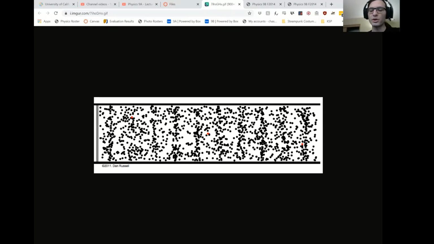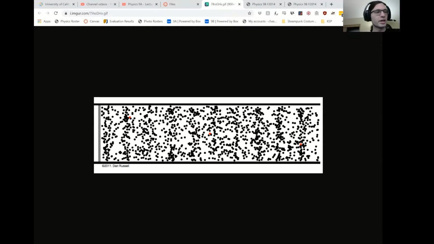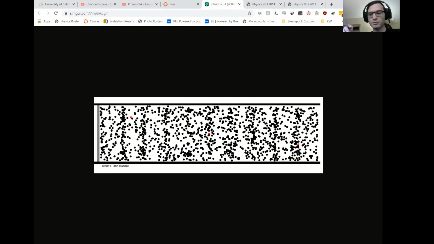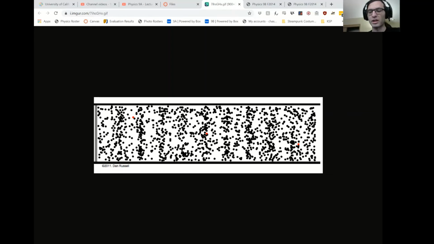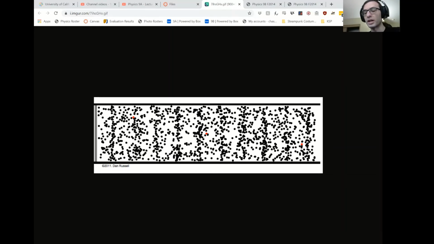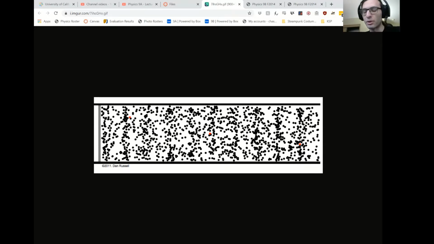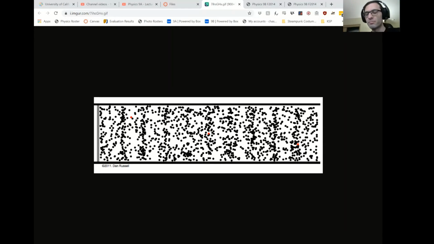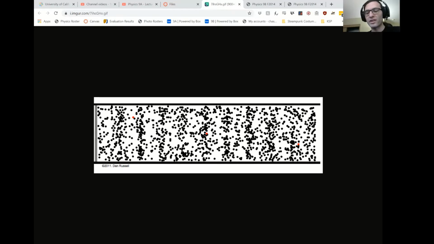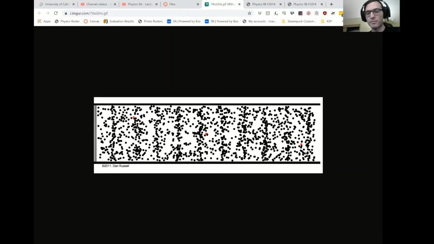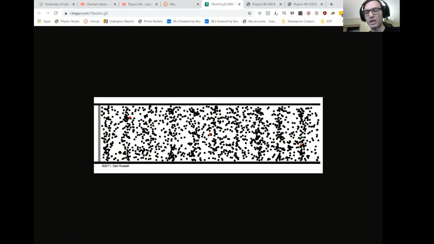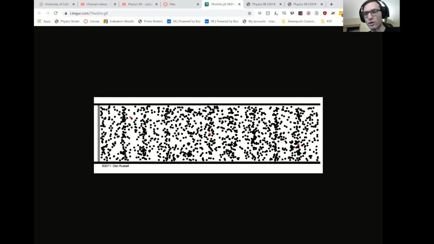But what I want you to do is take a look at, say, this middle red dot, right? It has an average position, right? It's somewhere in the middle between the two ends of its oscillation. So when it is at its maximum oscillation, what is the pressure at that location? Well, it's somewhere between its minimum pressure and the maximum pressure, right?